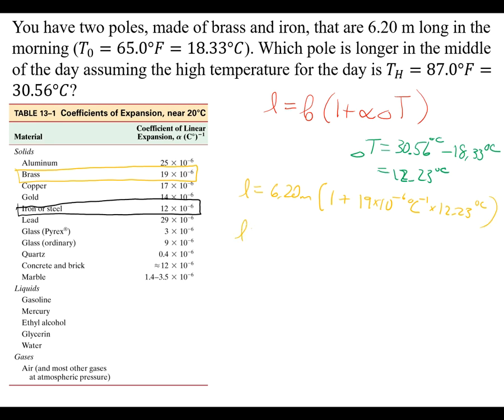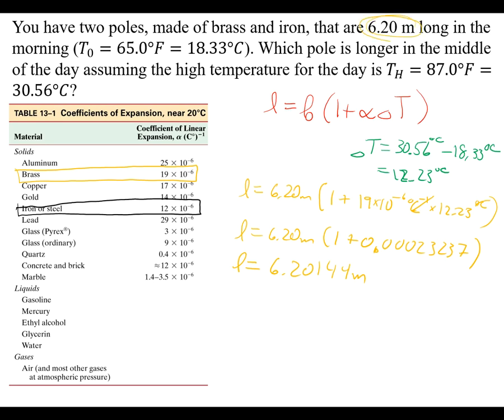All right, if we simplify that a little bit more, we get 1 plus the coefficient times the change in temperature will be 0.000232237. And the units cancel out. You have no units left, so we're good. So now we just add 1, so that's 1.000232237 times 6.2, giving you a final length for the brass of 6.20144 meters.